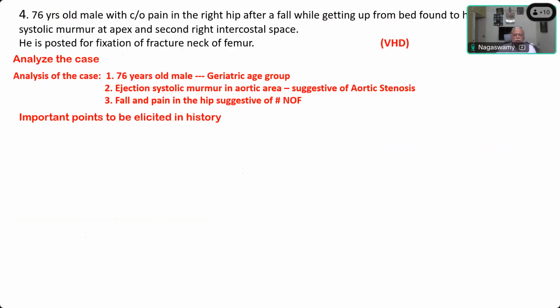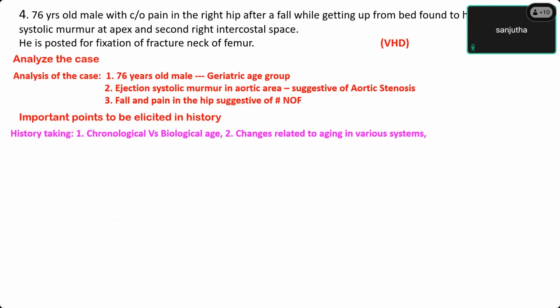Okay. So what are the three important clinical features of aortic stenosis of a severe degree? Syncope. And dyspnea on exertion, sir. And angina. Anginal pain, yeah.